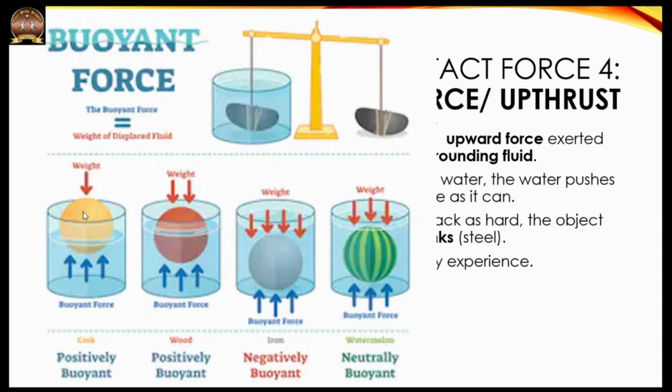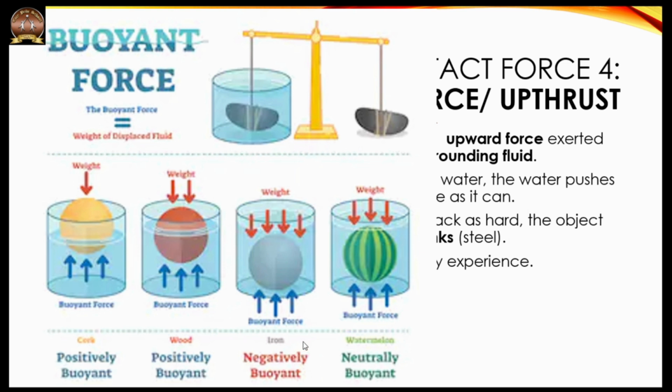Look at this ball made of cork. Cork being a very light object, the buoyant force would be greater than the downward weight of the object, and therefore it would float. Similarly, a ball made of wood would also float because the buoyant force is slightly greater than its weight or downward force.